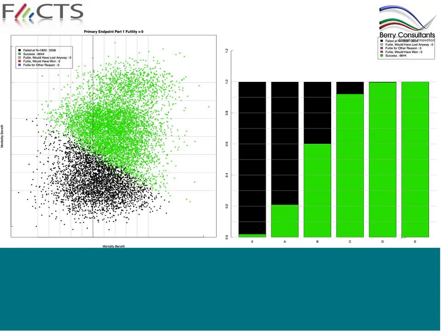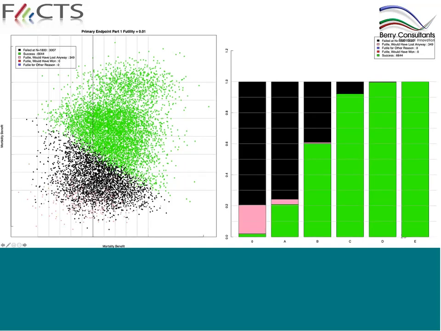So what we did is we said, okay, if the predictive probability threshold, and by the way, everything on the left is 1,000 trials from each of the 6 scenarios. So there's 6,000 finished trials to the left, and it shows the power in green and failures in black.